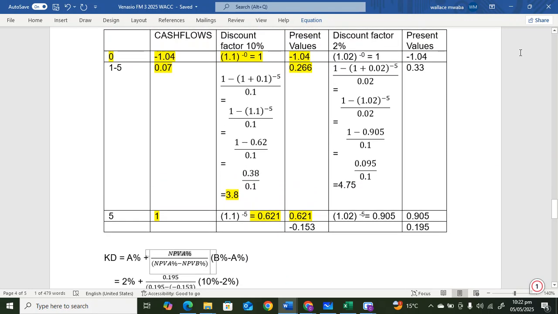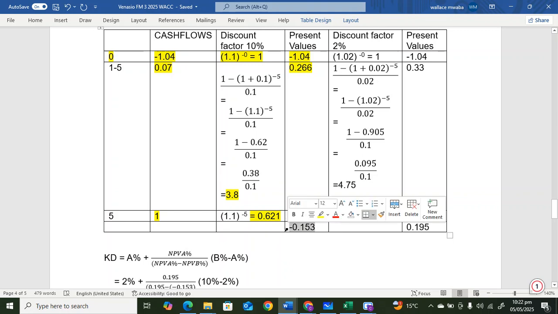So in this case, the net present value with the lower discount rate is 0.195. Then NPVH is the net present value with a higher discount rate. In this case, negative 0.13.